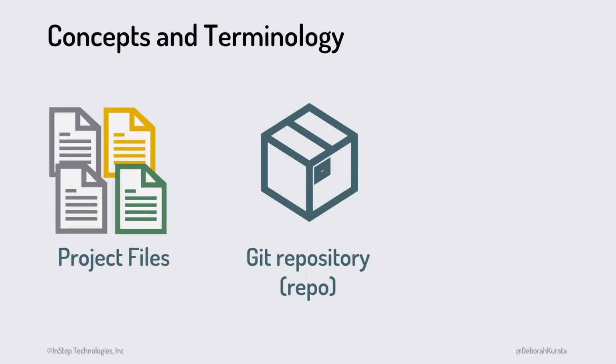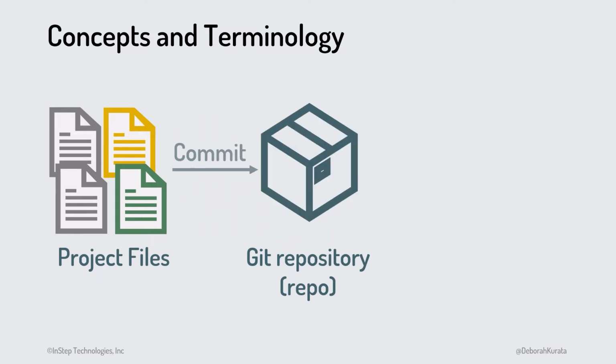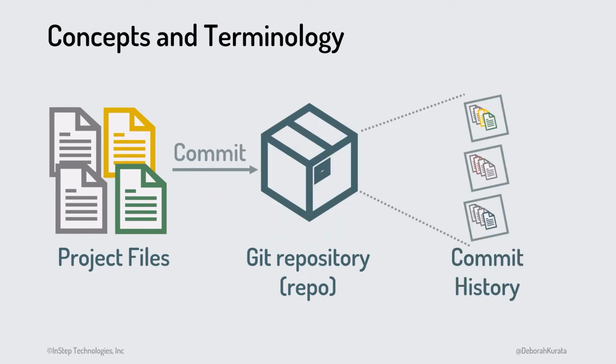As we make changes to those files, we commit, or copy, those files into the repository. Peeking inside the repository, we see that it keeps a list of all of our committed changes, called a commit history. Let's walk through an example.